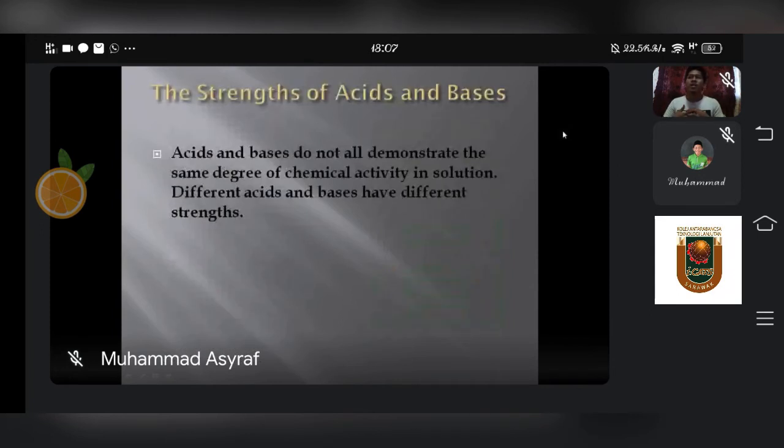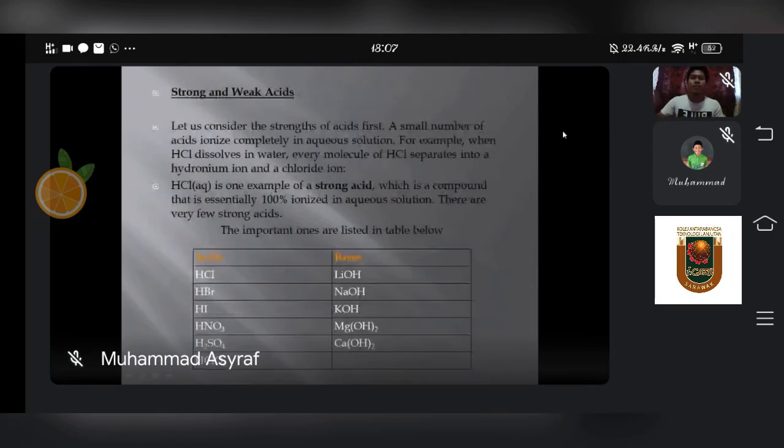So next we go to the strength of acids and bases. Acids and bases do not all demonstrate the same degree of chemical activity in solution. Different acids and bases have different strengths. Let us see strong and weak acids. Let us consider the strength of acids first. A small number of acids ionize completely in aqueous solution.